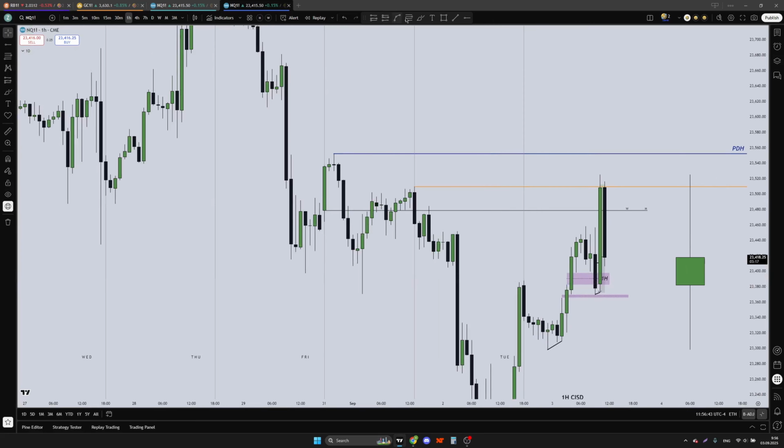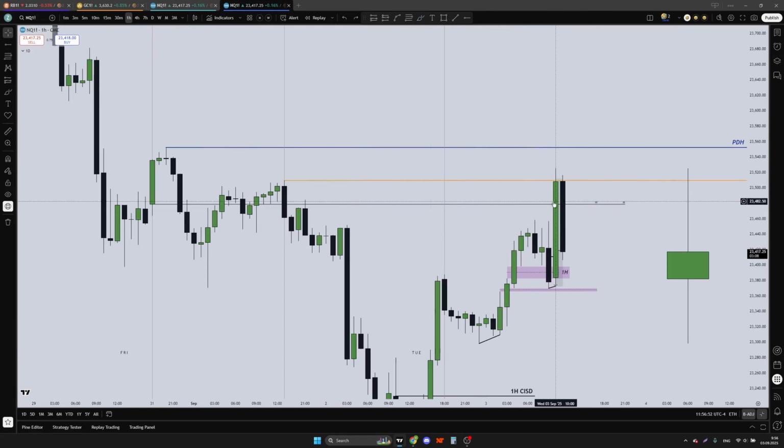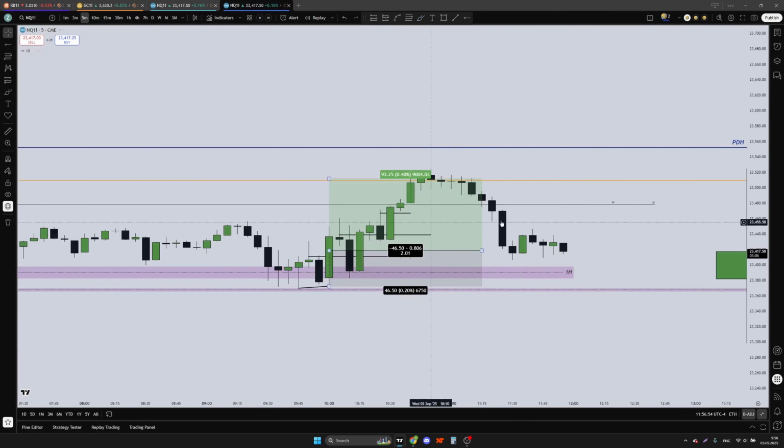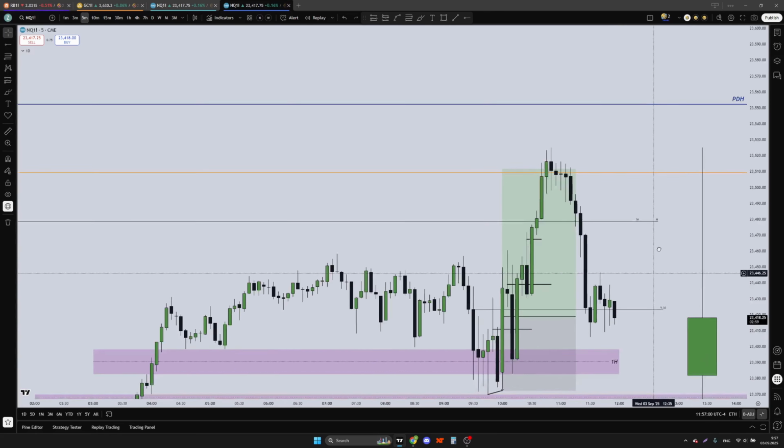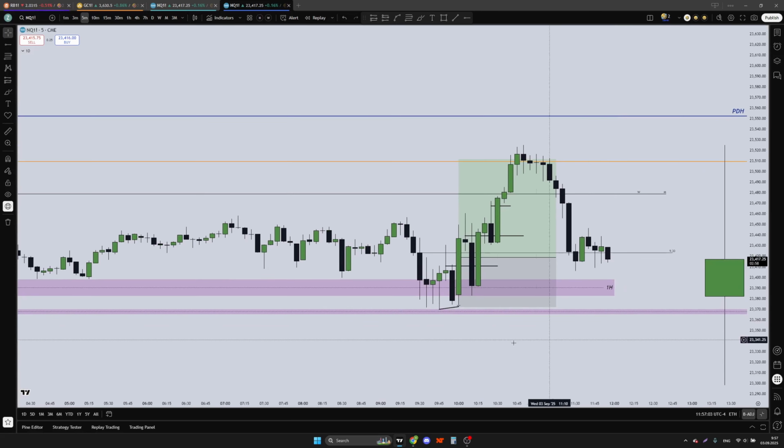Although those highs are close together, I would consider this a relevant swing, but I was kind of glad that my 2R was really close to this 1 hour swing high as a target.